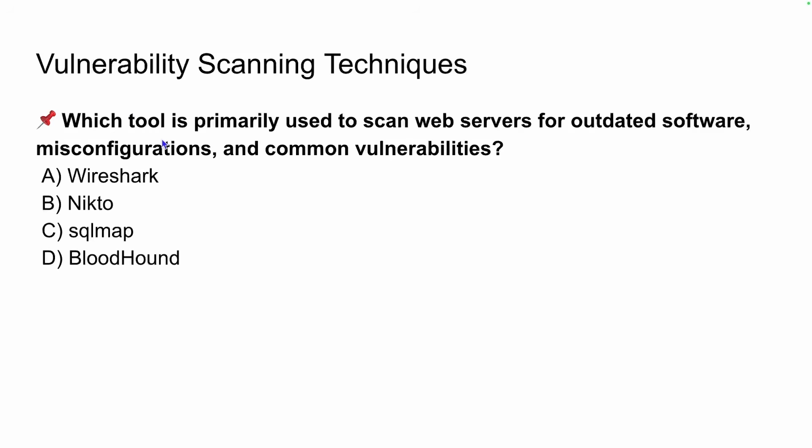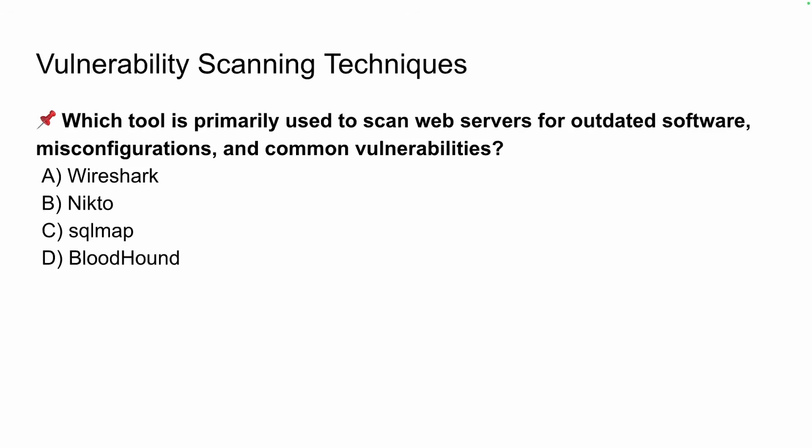Question number 1 is, which tool is primarily used to scan web servers for outdated software, misconfigurations, and common vulnerabilities? Wireshark is a network sniffer. So you basically capture network traffic and analyze it. It doesn't really do any kind of scanning for you. SQLMap is a scanner or a mapper, I guess we can say, for relational databases, SQL databases.